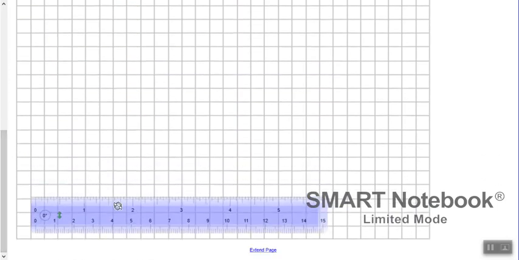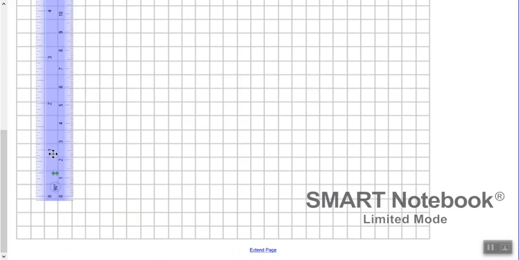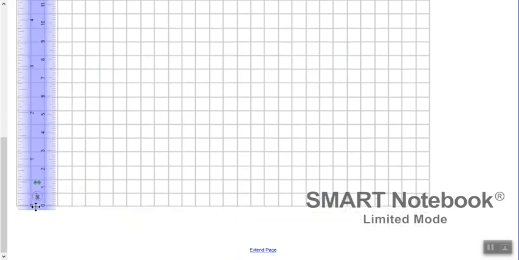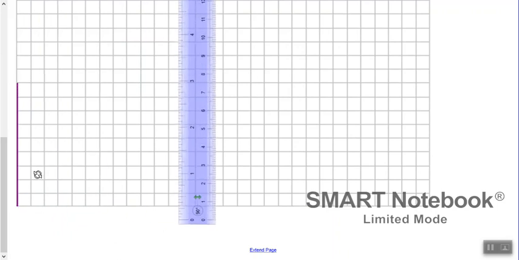Okay, so starting off, we need to go not 6 up, but 9 squares up. So starting at the bottom, we want to go 9 squares up. 1, 2, 3, 4, 5, 6, 7, 8, 9. Looks good.